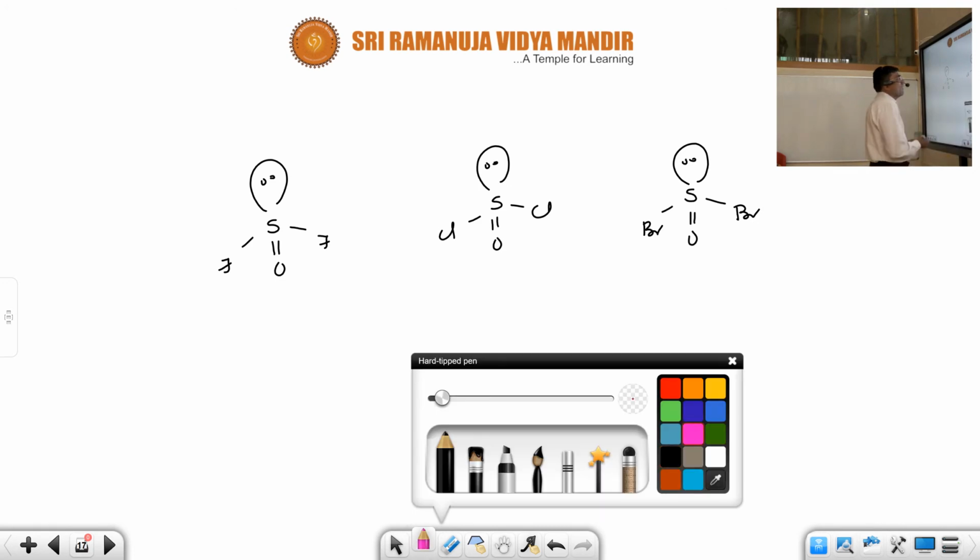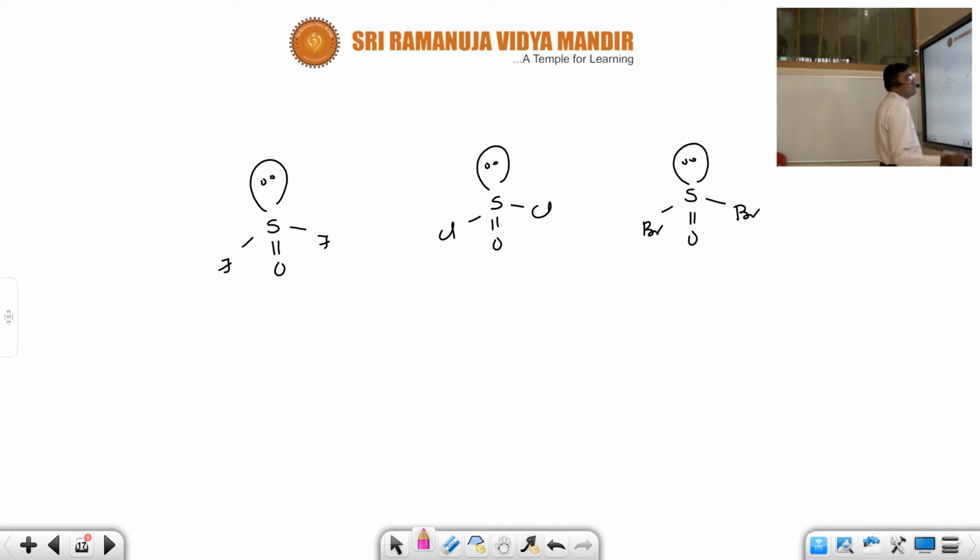In this case, the central atom is the same, so the electronegativity of the central atom is the same. The surrounding atom is considered. Which is more electronegative? Fluorine. So fluorine is greater than chlorine, which is greater than bromine.